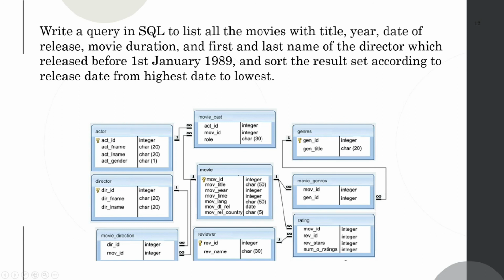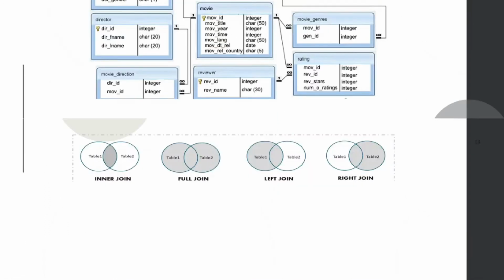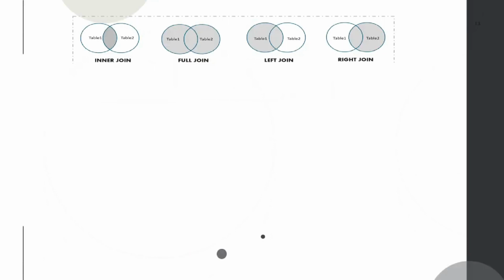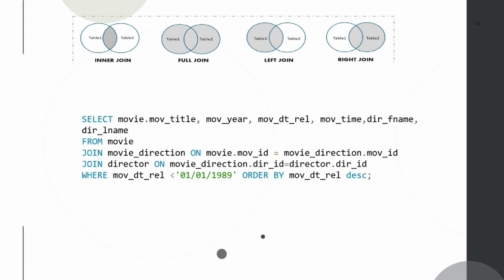Okay, now we have to perform the join. Either you can join starting from director, or you can join from movie to the director. It's your personal choice. Now as you know, it's an inner join because we have said particular and particular. Then yes, we are going to perform inner join. So let's start with the movie, then we'll come to movie direction, then join director.